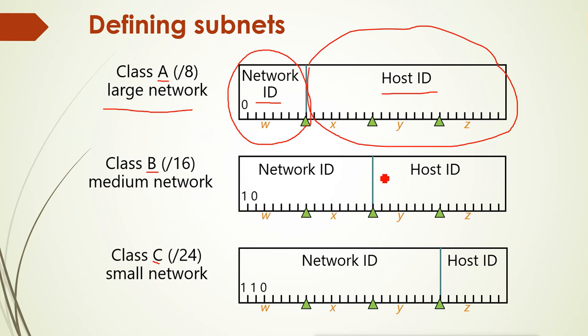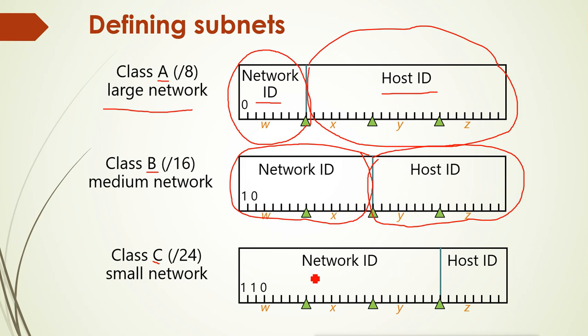That is why we have fewer host IDs. We have 16 bits as the host ID and 16 bits for the network. So here we get more networks than class A, and fewer hosts, but still more hosts than class C.